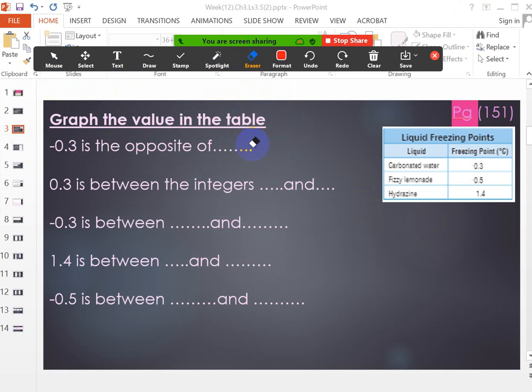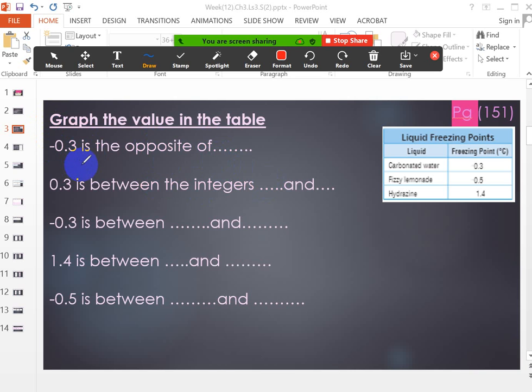That means I will now locate the rational numbers on the number line. How will I do that? The first one is negative 0.3. The second one is negative 0.5. The last one is 1.4. So let's start with the first one, negative 0.3.